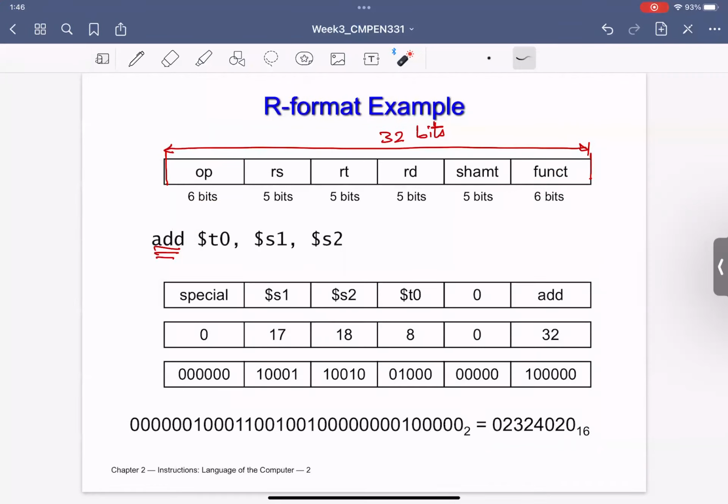How? There is a table that I have to follow. You don't have to remember the numbers in the tables, of course. It will be given to you. You don't need to remember that, but you need to know where to get it. When you go to the add, it will tell you that it has a certain opcode and a certain function number.